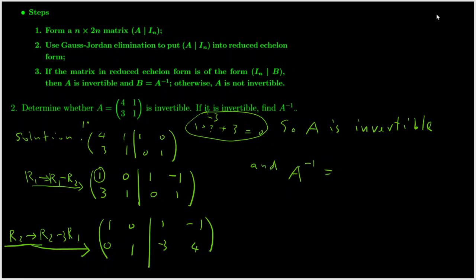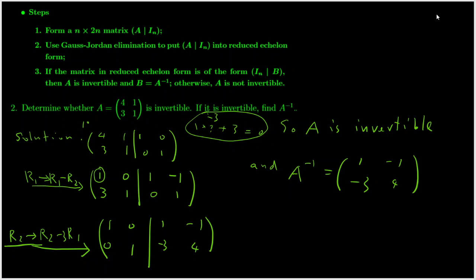There's only one inverse. No matter what operations you perform, you can get one and only one inverse of the given matrix A. The inverse of the matrix A is 1, -1 in the first row. The second row is -3, 4.